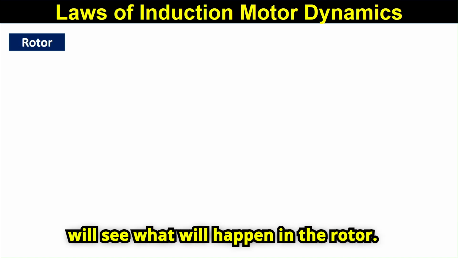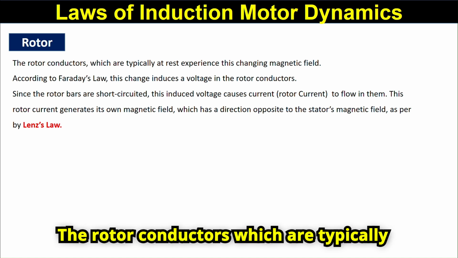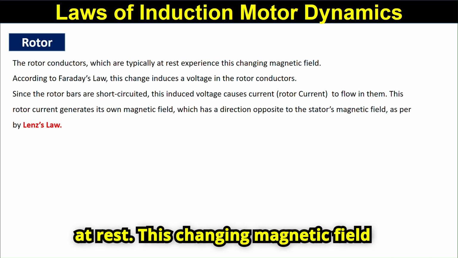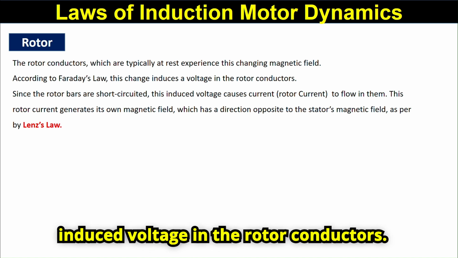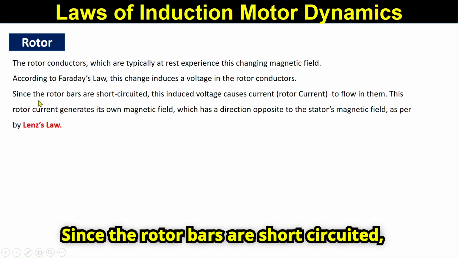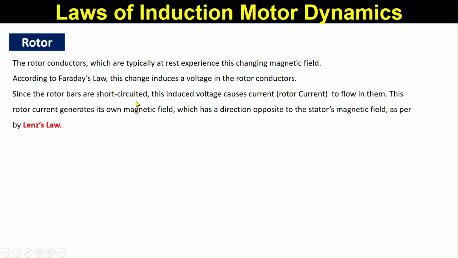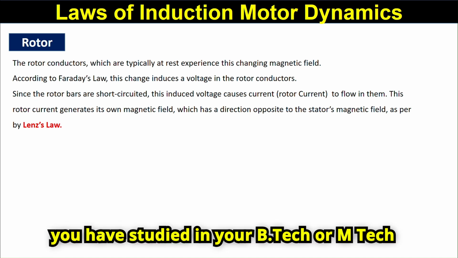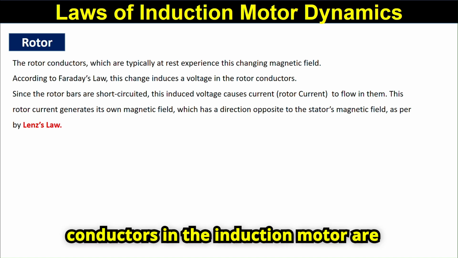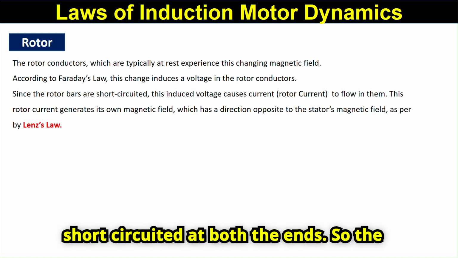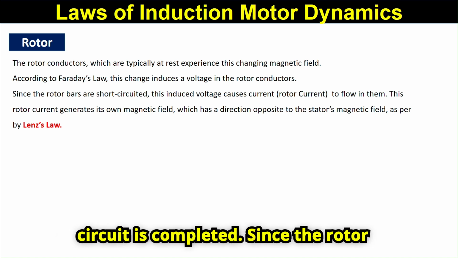Now we will see what happens in the rotor. The rotor conductors are typically at rest, and this changing magnetic field, according to Faraday's law, causes an induced voltage in the rotor conductors. Since the rotor bars are short circuited, as you have studied in your BTech or MTech course, the rotor conductors in the induction motor are short circuited at both ends, so the circuit is completed.